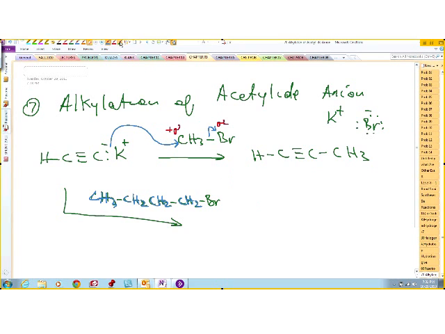Okay, we could alkylate this so that we now get this. So what have we done? We have extended the carbon chain by 4. So this is a very powerful reaction indeed, alkylation of acetylide ion.